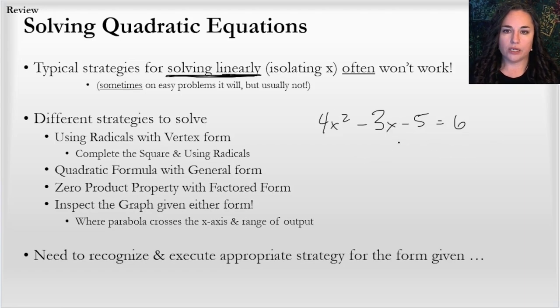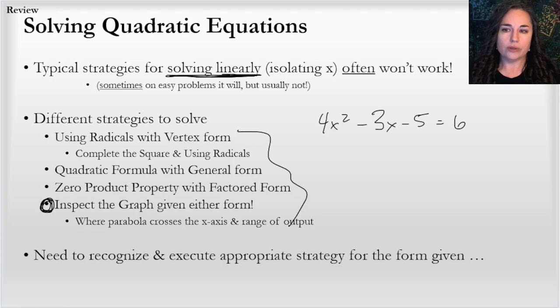That doesn't happen here. So you need different strategies to be able to solve, all right? I'm going to highlight 3 of them. I'm going to go over each one of these in detail and highlight that we are going to move more frequently, all the time, to inspecting the graphs given any of these forms, all right?